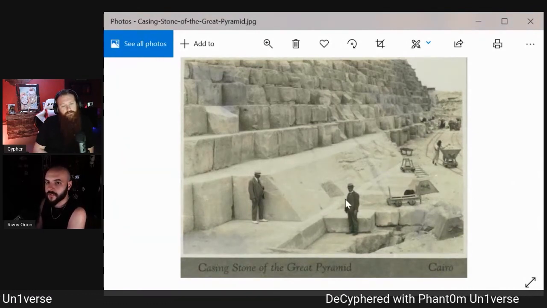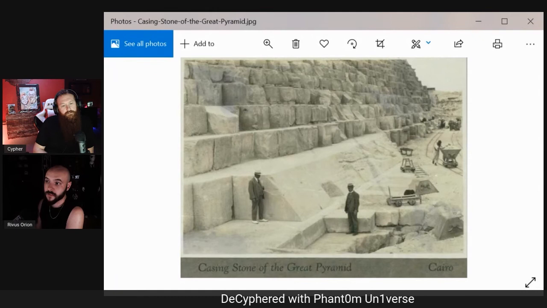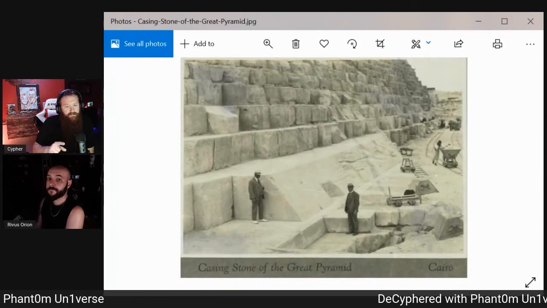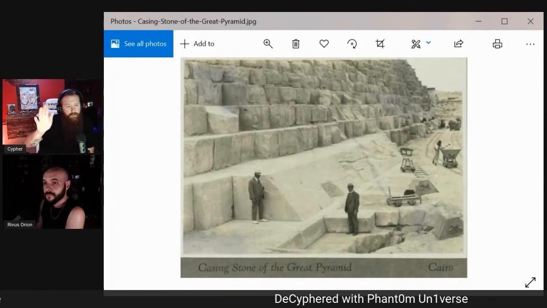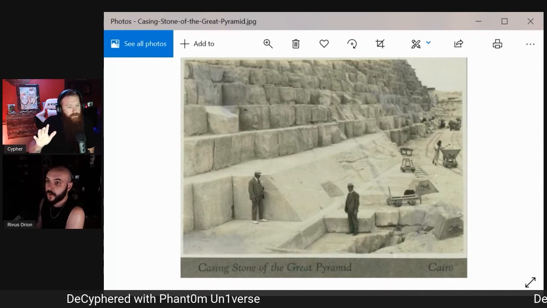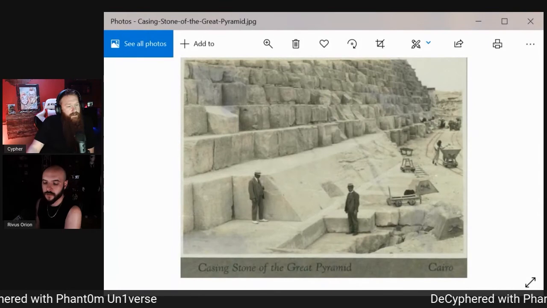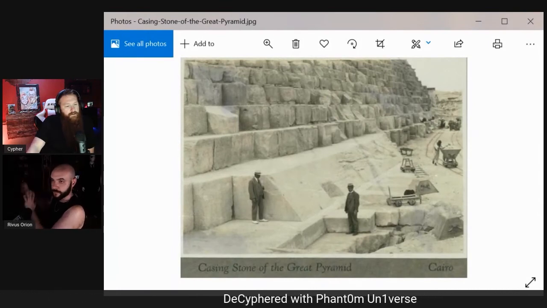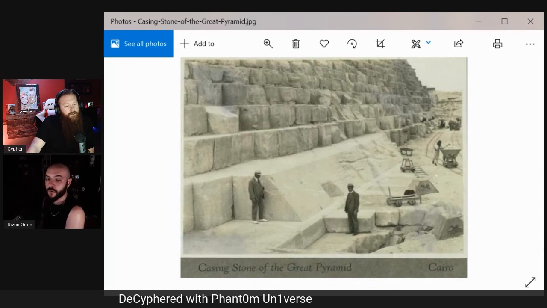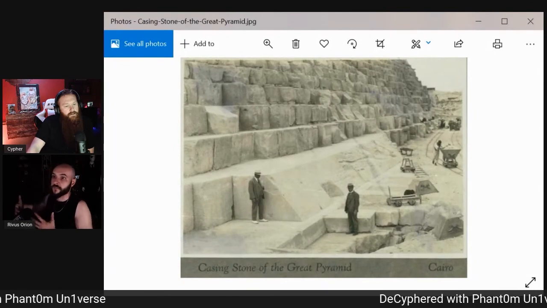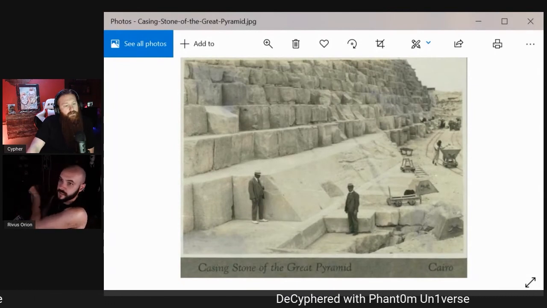Right? Definitely. These are the casing stones we have still at the Great Pyramid. These are the most preserved ones. They're on the north face, and they are limestone. They believe that the entire pyramid was covered with this, but they don't know for sure. We are pretty confident because the Greek philosopher Herodotus spoke about how it used to be completely smooth and flat, and at one point all that was removed after a massive earthquake jostled enough of the stones away to where they could get pry bars in there and remove them.